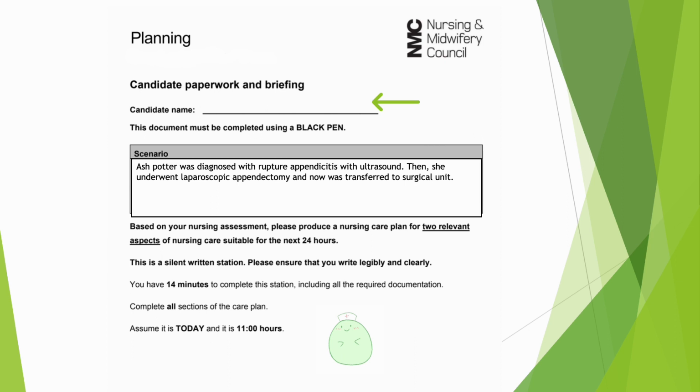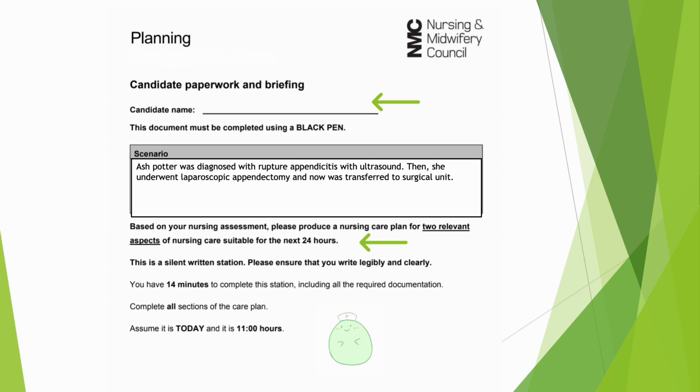Sometimes maybe in your assessment the patient is pre-operative. She just attended the emergency department because of pain. But in the planning session, maybe she already finished with the surgery, but they may still ask you to write a pre-op care plan. So you have to pay attention here. It will give you the information on what type of care plan they expect you to write.